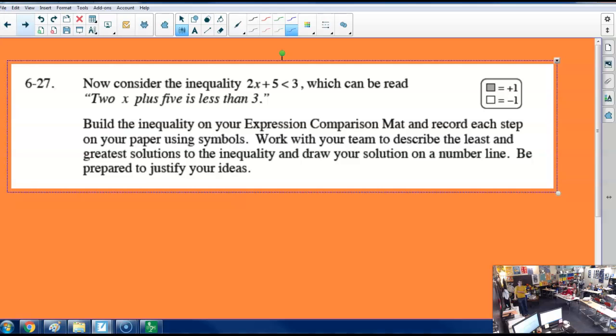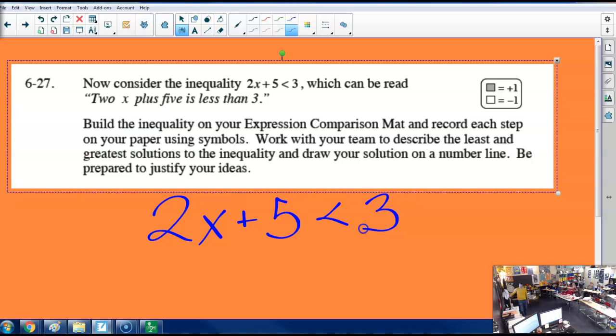So now, and I think this might be on your paper. I make these, but then I forget. Yeah, 27's on your paper. So 2x plus 5, you could write this down again, less than 3. Or you could build it on your expression mat. If you want to build this on your expression mat, grab 2 x's, grab a little piece of paper and say less than if you want.